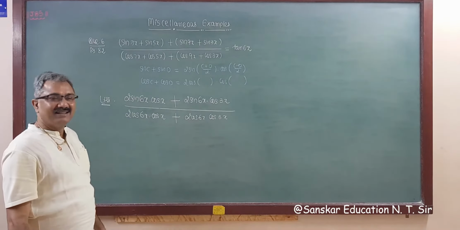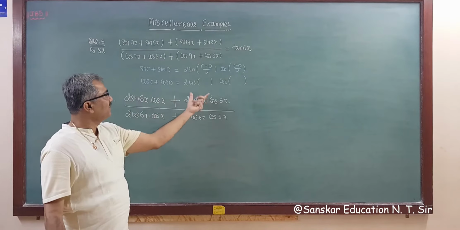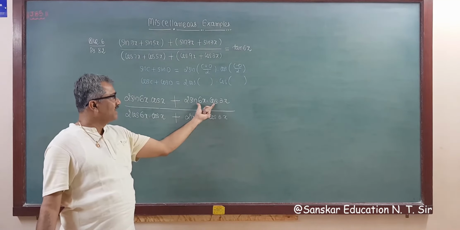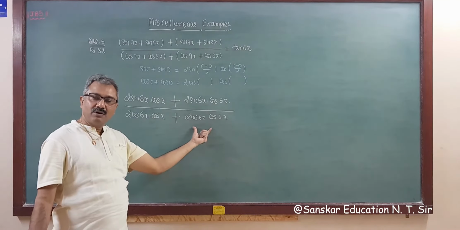No need to write the 9 plus 3 again because the formula is 2 cos cos, so I am writing only this.